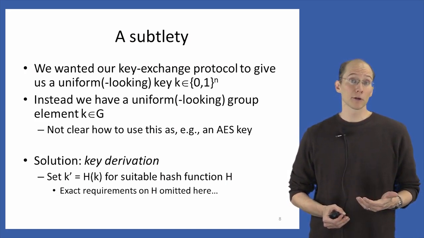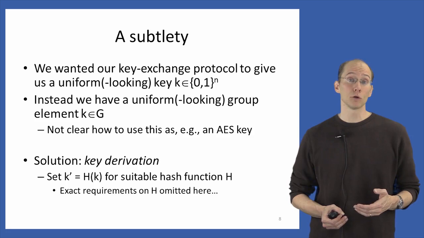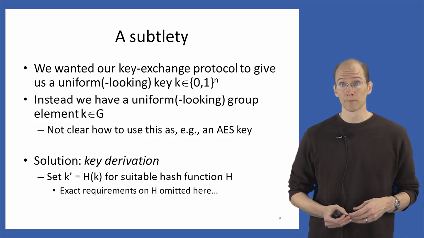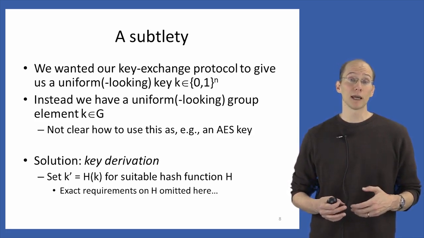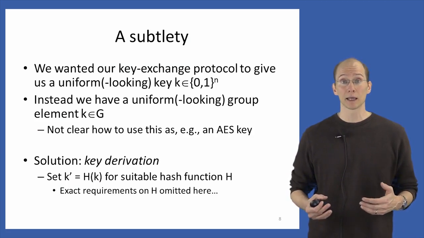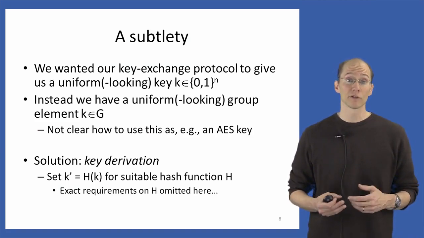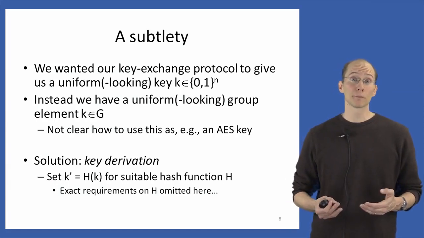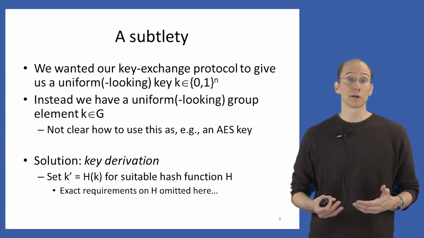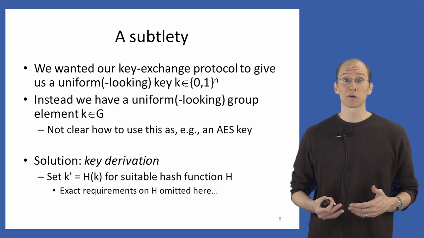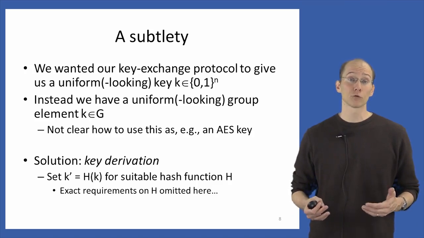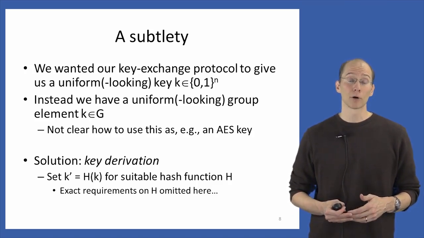Now, this is a technical point, perhaps, but it's one that must be dealt with in practice. And the solution is rather simple. The solution is to just use a key derivation mechanism. What this means is that the parties will take their shared secret information k and map that onto a random-looking key of length n. They can do this by simply running their shared secret k through a suitable hash function H to obtain a shared secret string, k prime.